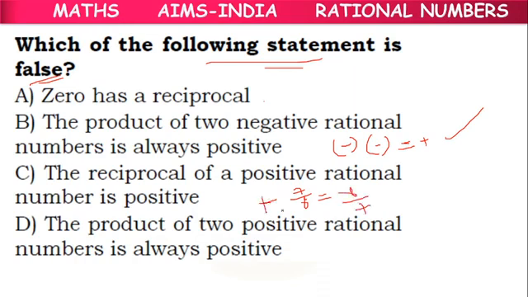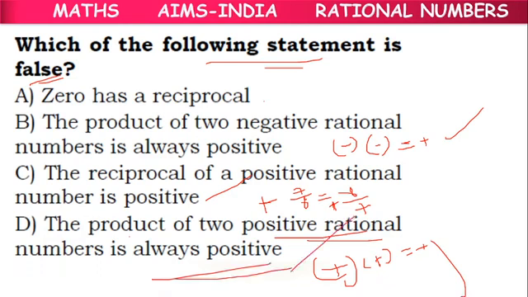If the given rational number is positive, the reciprocal is also positive. True. The product of two positive rational numbers means plus into plus, always positive. They told always positive. Correct. So then what is false? 0 has a reciprocal. This is wrong because 0 does not have any reciprocal.